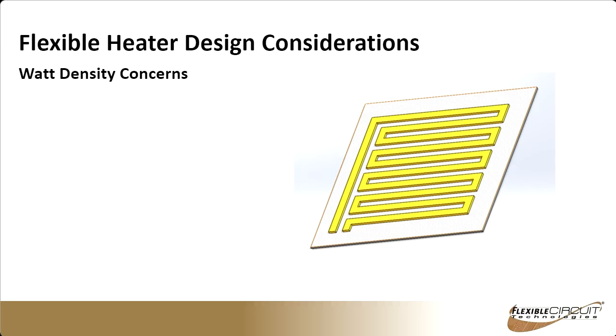If the temperature of those traces gets above the maximum that the adhesive can handle, you're going to start delaminating those traces. A lot of that has to do with the watt density. If you have high watt density, you have to make sure that your heatsink is able to pull the heat away fast enough so that you don't do any damage to the heater.